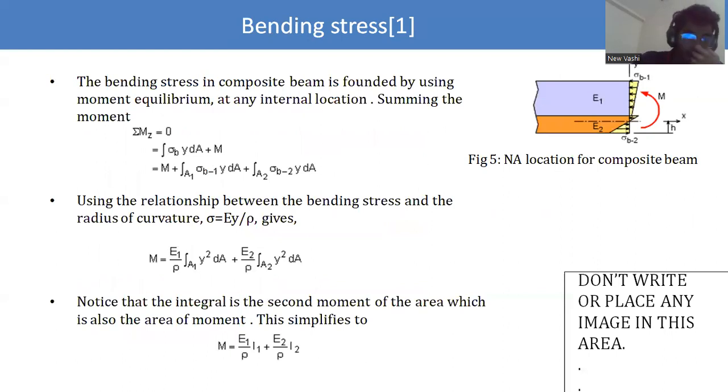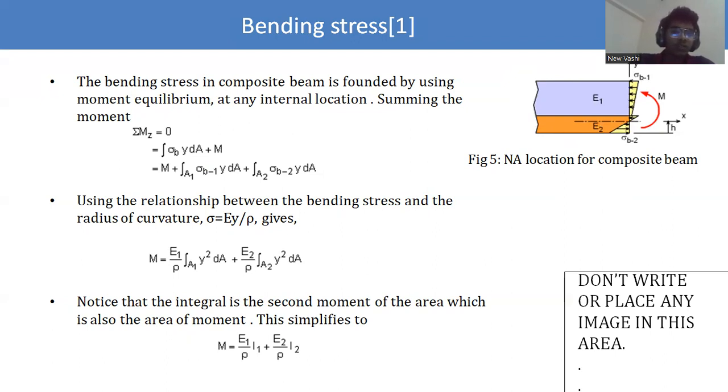Coming to another topic, bending stress. Bending stress in a composite beam is found by using moment equilibrium. At any internal location, summing the moments, sum of Mz is equal to 0. This is the internal location of the composite beam, which is the neutral axis, where the bending stress is 0.